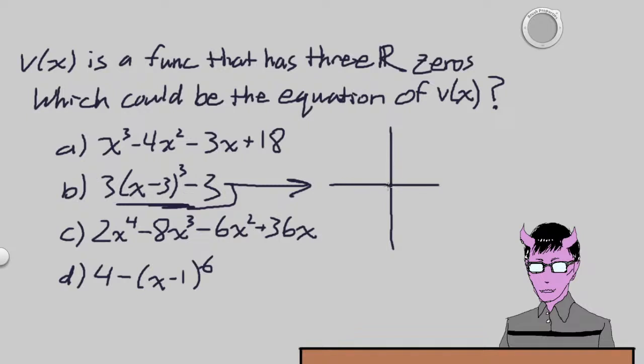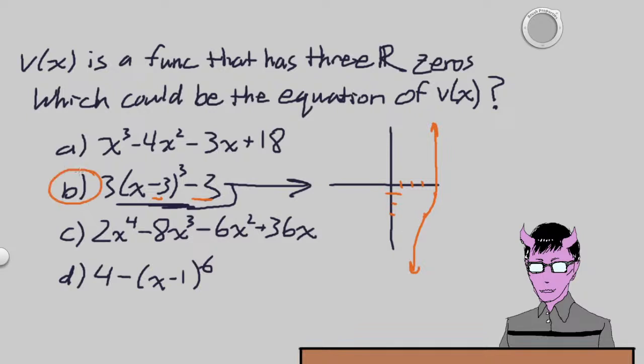So if we were to do a rough sketch of B, it's going to be 1, 2, 3 to the right, 1, 2, 3 down there. So that accounts for the shifts, and then we have a stretch of 3, so it's actually something like this.